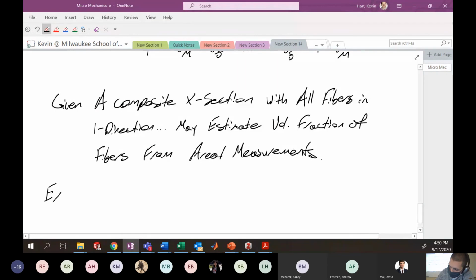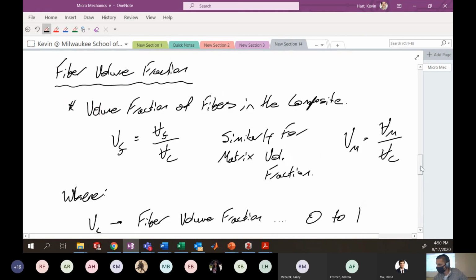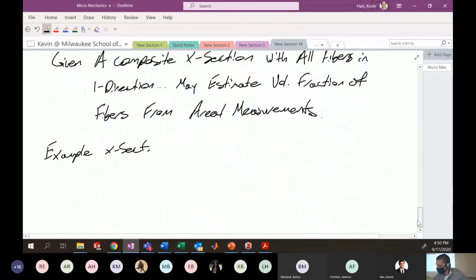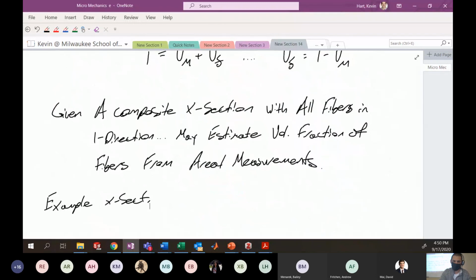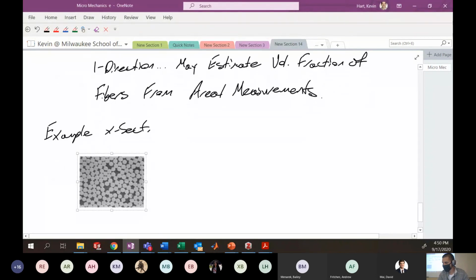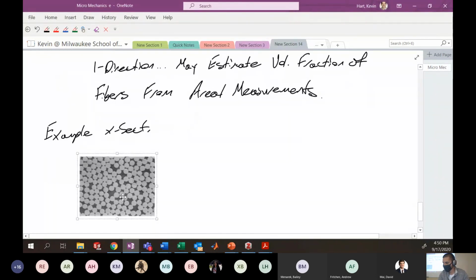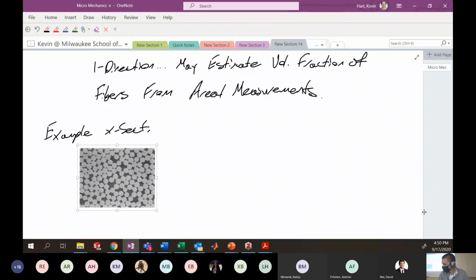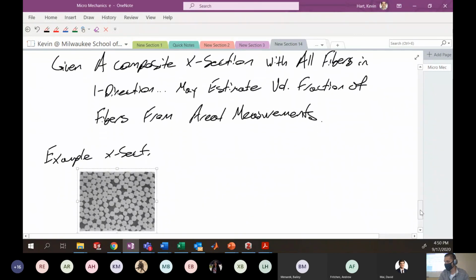Example cross-section. This will be the last thing that we do today. So if you've got a cross-section that looks like this, all of your fibers are moving in the same direction, and this is what we would consider a unidirectional composite because all the fibers are moving in generally one direction.